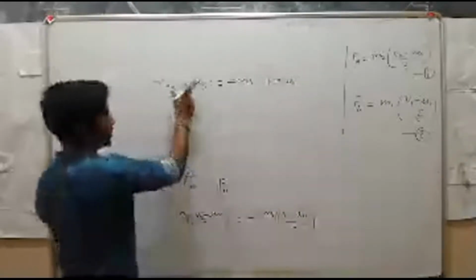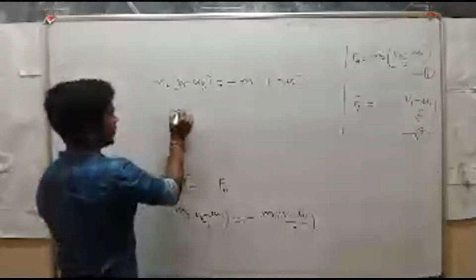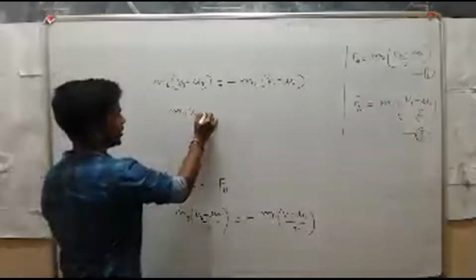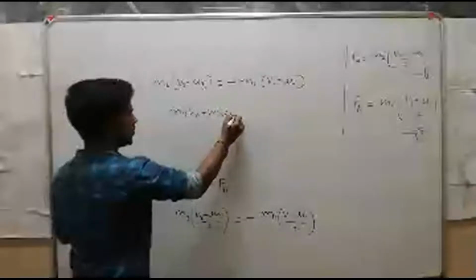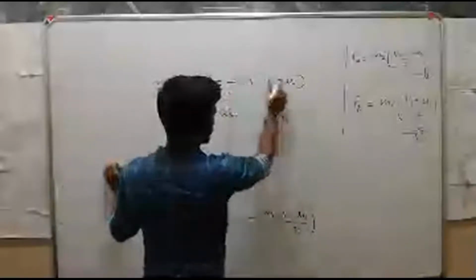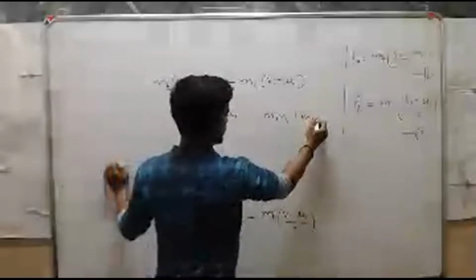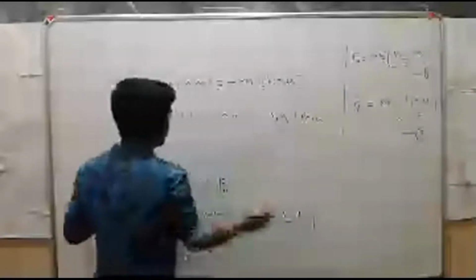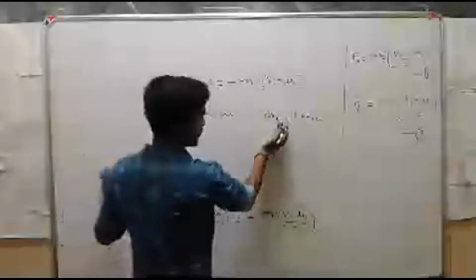Now multiply M2 and M1 here. So M2 V2 minus M2 U2 equals minus M1 V1, and minus times minus gives plus M1 U1. Now take M2 U2 to that side and minus M1 V1 to this side.